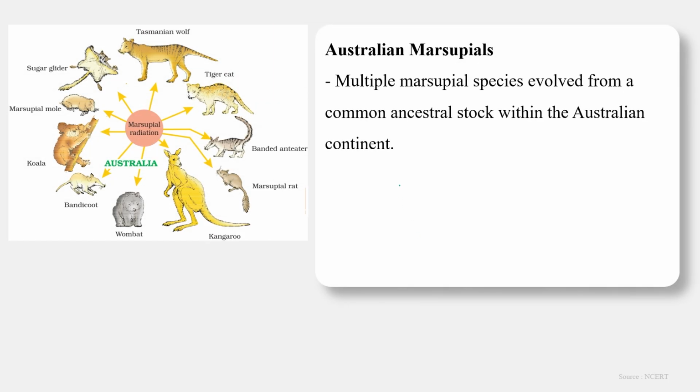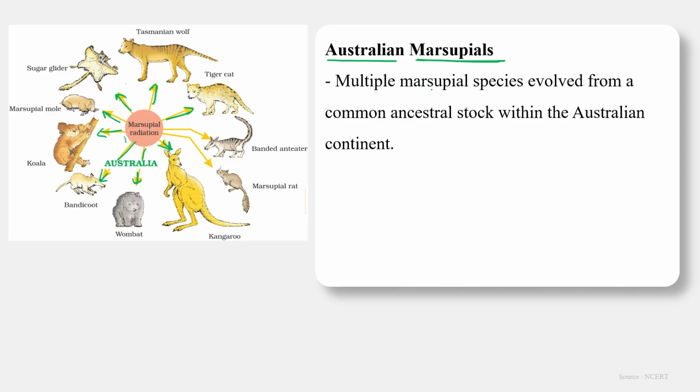Similarly, another example is Australian marsupials. They also have a common ancestor, but they adapt differently and develop into different types of individuals.